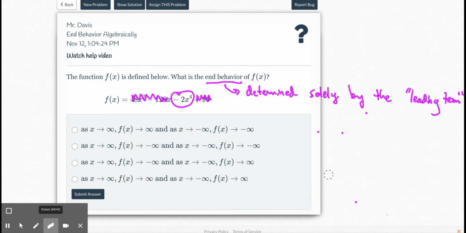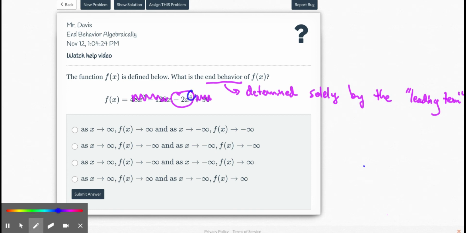It doesn't tell us everything that happens with the function. It doesn't tell us what happens in all the middle, but it does tell us what's going to happen on both ends as x goes to positive infinity and x goes to negative infinity. So I'll make a little chart here for you. With this term, we have a few different options.